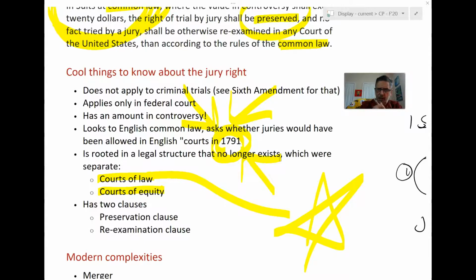So many of our modern causes of action, particularly statutory ones, didn't exist in England in 1791. So how do we figure out which of those causes of action have a jury right, especially when somebody is seeking both monetary relief and equitable relief, right? So we'll get to that in a minute.